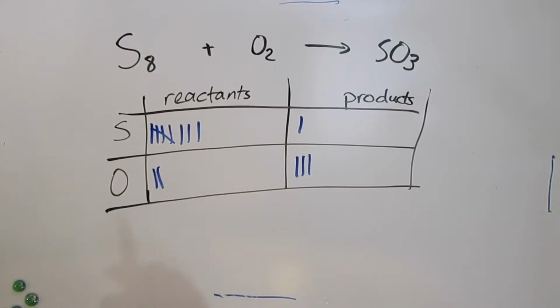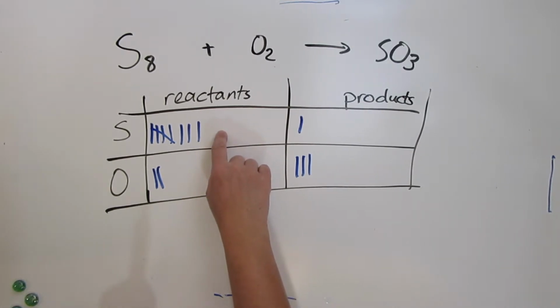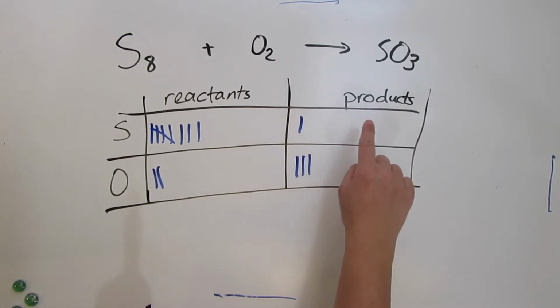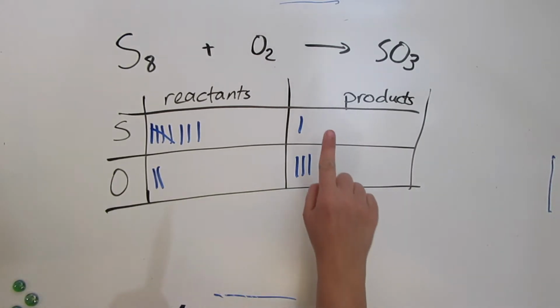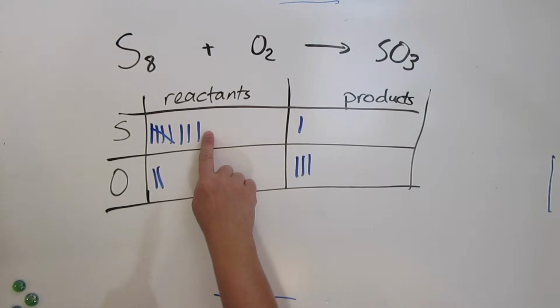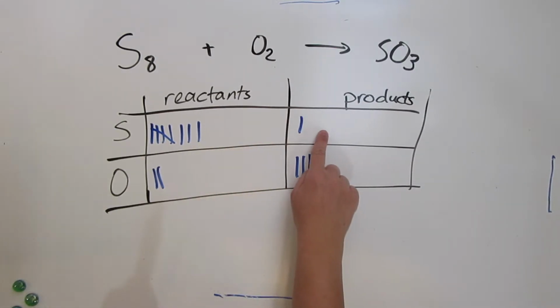Now, a reaction is balanced when you have just as many sulfur atoms on this side as you have on that side. So we have 8 atoms of sulfur on this side, and we have 1 on this side. We need more. How do we get more?